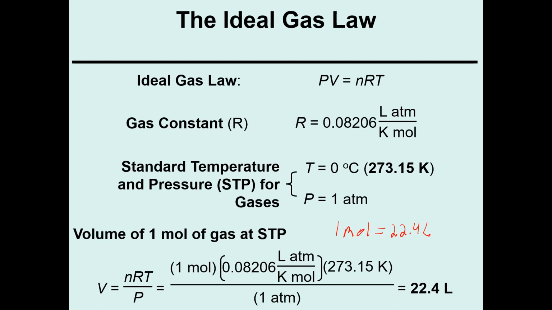This calculation was worked out with 273 Kelvin and 1 atm. If your problem is not at 273 Kelvin and 1 atm, this relationship no longer holds. But if you do have standard temperature and pressure, then you can use this as a shortcut.